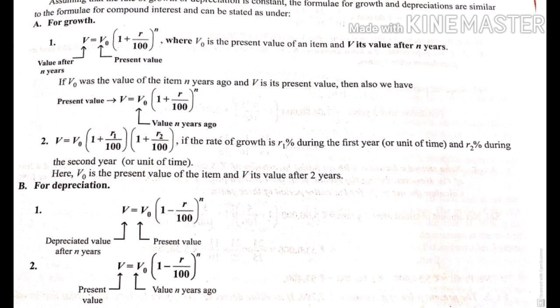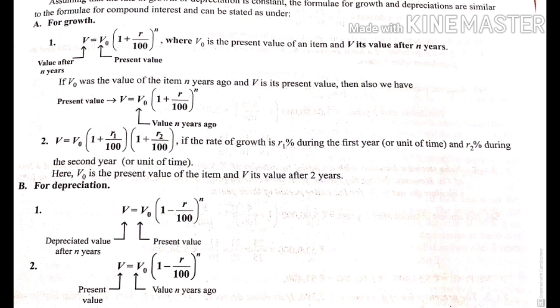So that way we get this type of formula here, in which we put V0 as P and V as A. So this you have to understand by solving questions.